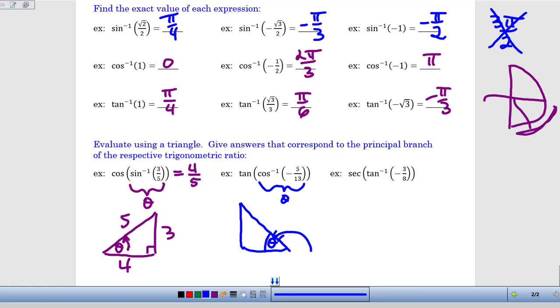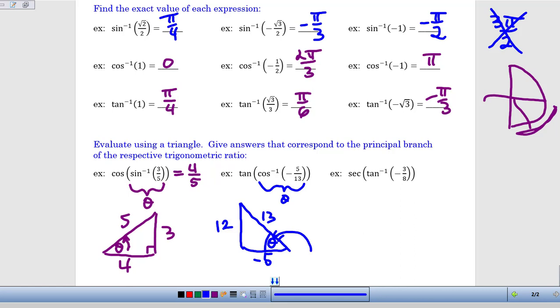And so if cosine is negative 5/13, well, that makes the hypotenuse 13, because the hypotenuse is always positive, which must mean that that horizontal side there, the adjacent side, is the negative 5. So now, because I've drawn this in the second quadrant, that means that the opposite side is going to be positive, and hopefully again we recognize this as being a 5, 12, 13 triangle.